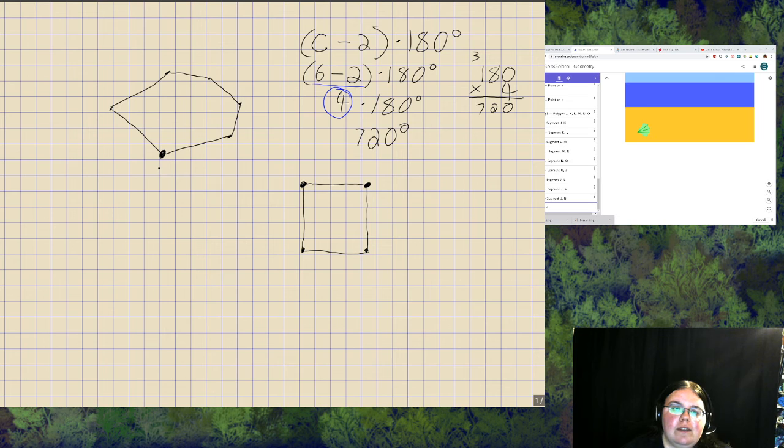If we have 6 corners, 1, 2, 3, 4, 5, and 6. Okay, well, we're going to draw 3 extra segments to connect 1 corner to all of the others. And those 3 extra segments divide the interior into 4 triangles.